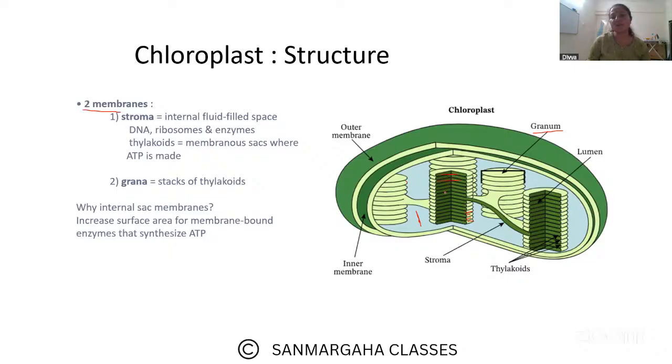It could be only one. Just like mitochondria, which we have discussed, just go back and recall. We have the infoldings to give increased space for the synthesis of ATP. Here also it is the same reason, to increase the surface area for membrane bound enzymes to generate ATP.